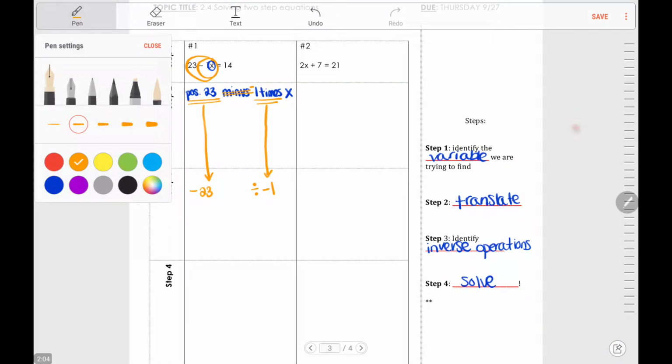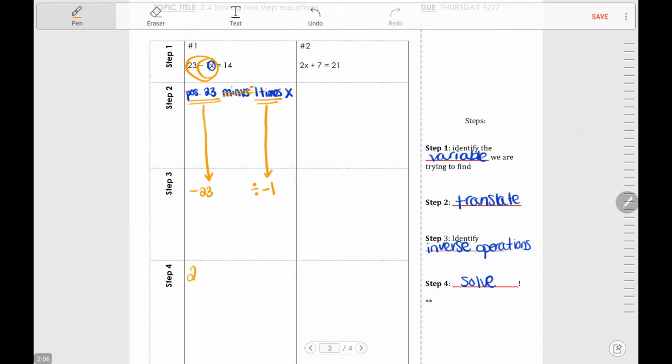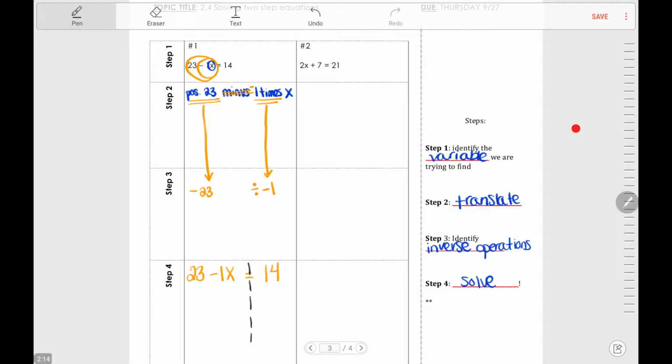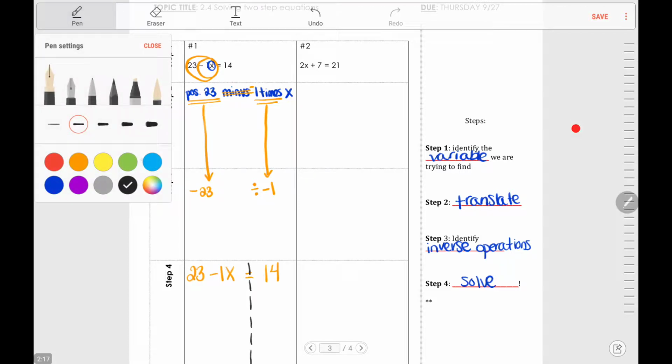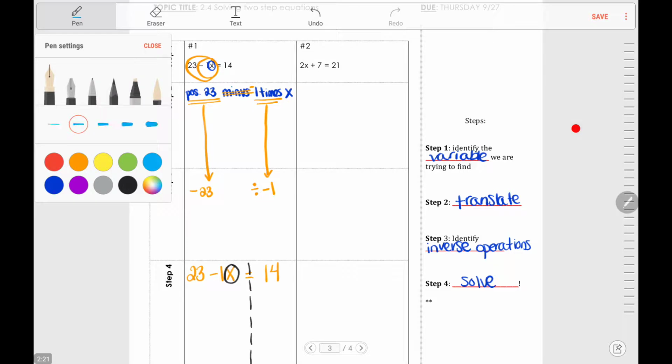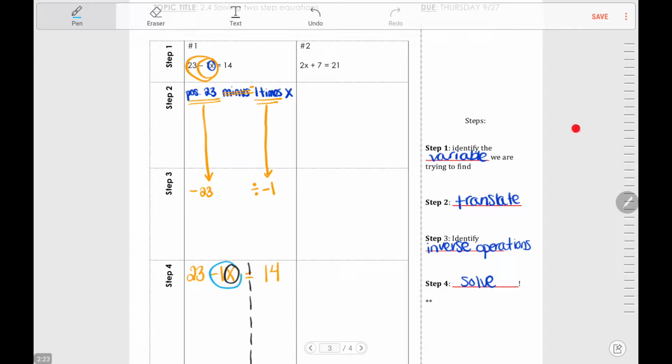So, when I go to solve, I want to put my equal line down the middle. And I'm going to draw those layers again. So, we're getting the x by itself, but what's affecting that x? What's affecting that x is that negative 1 and that 23. So I always want to start with my outer layer, which was this first inverse.